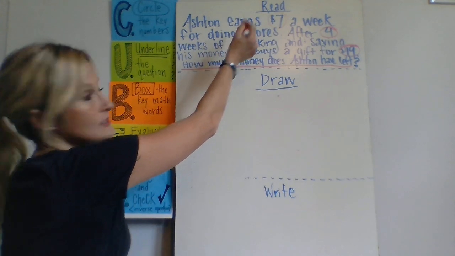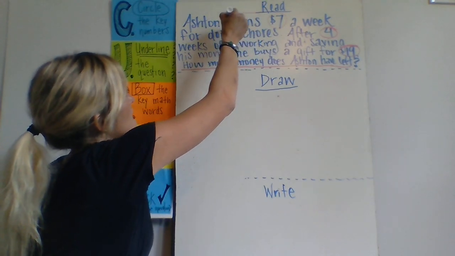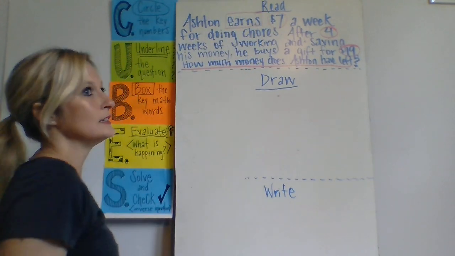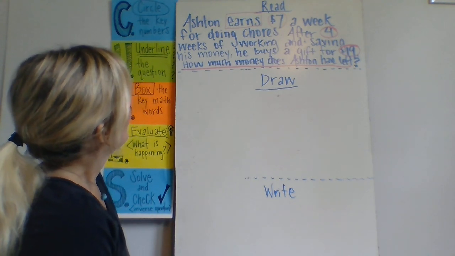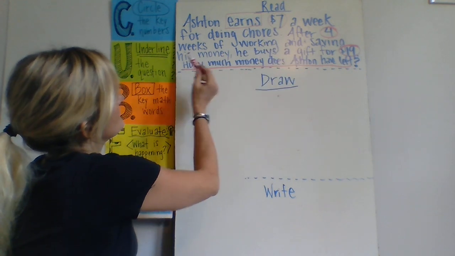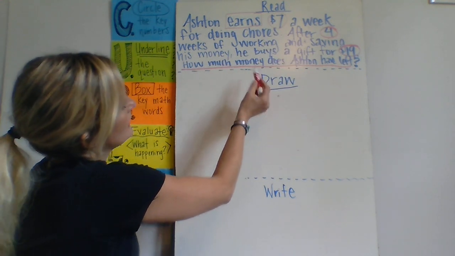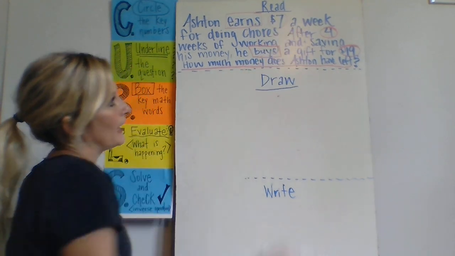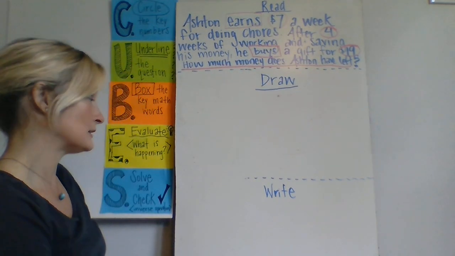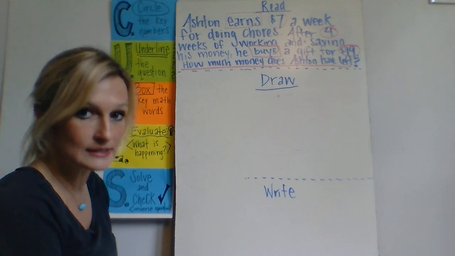He earns, the key word, because when you earn, that means you are making money. After working and saving his money, he buys, that's a key word. Buys means that he's probably going to be losing some money.